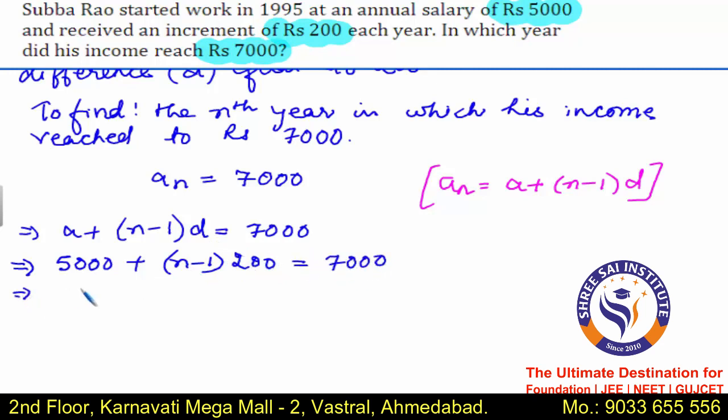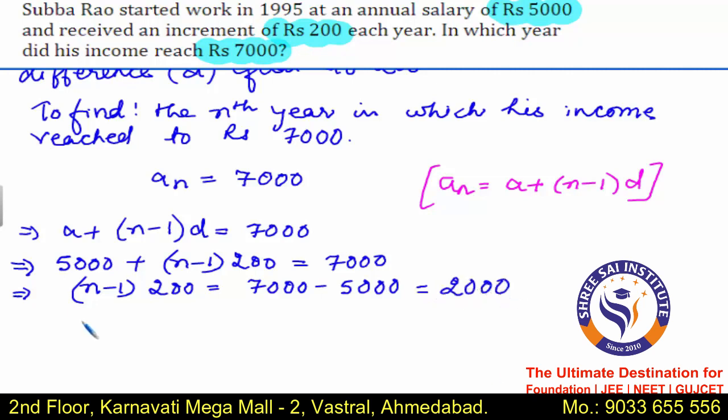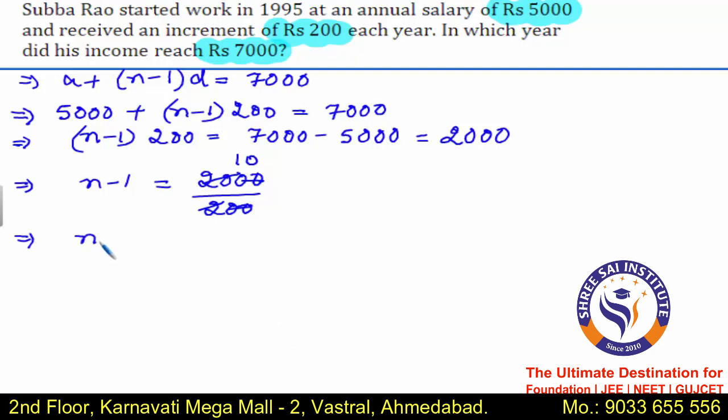This further implies that n minus 1 into 200 is equal to 7,000 minus 5,000, which is equal to 2,000. This further implies that n minus 1 is equal to 2,000 divided by 200, which implies that n is equal to 10 plus 1, which is equal to 11.